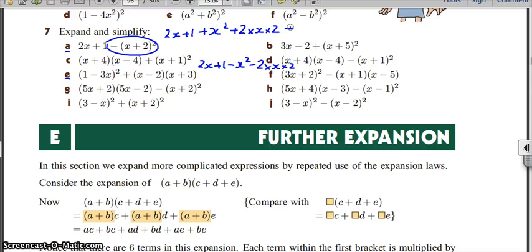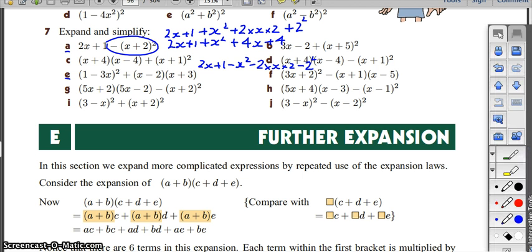It could be add 2 squared, or it could be take 2 squared. Alright, let's have a look. So we'll bring the 2x plus 1 down straight away, plus x squared, and then we can do this, plus 4x, plus 4. Yeah? Alright, and then we go about collecting like terms.